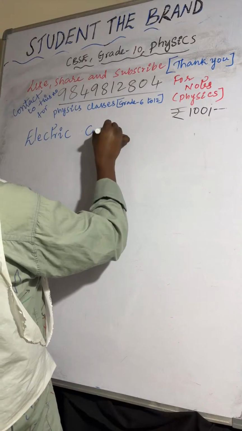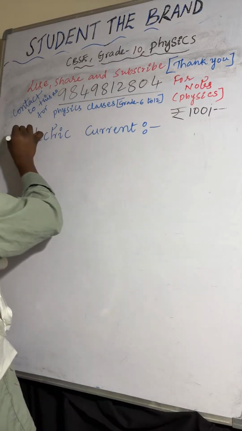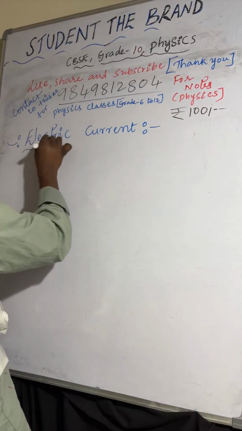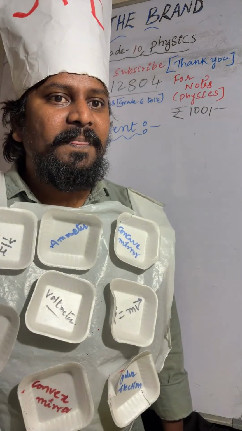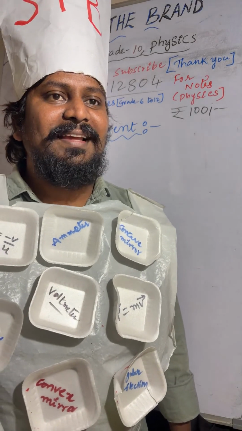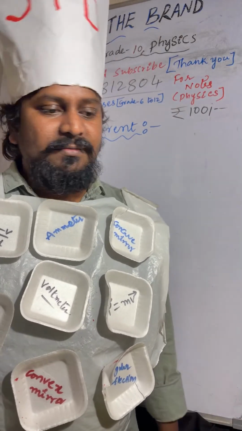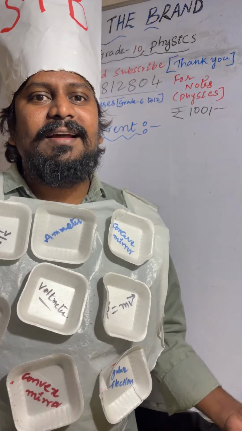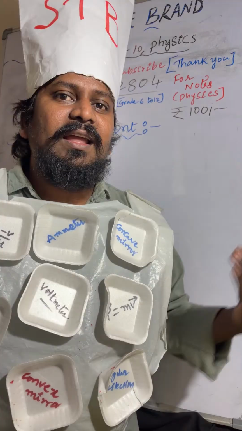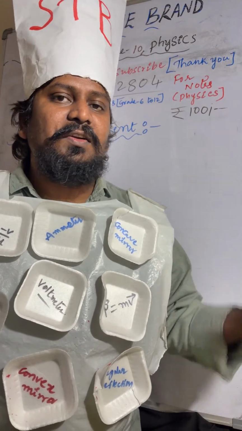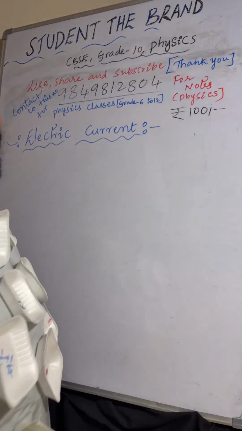The rate of flow of charge is called electric current. So I equal to Q by T. I equal to Q by T. SI unit of electric current is ampere.